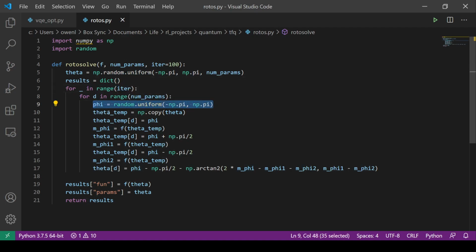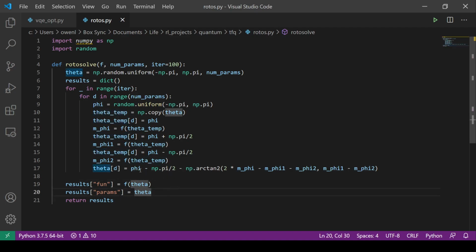I just do this to store temporary information. I guess this isn't entirely necessary. I just do it for clarity. Then we set it equal to phi, keeping all the other parameters constant. We get an estimation of the expectation value. We add pi over 2. We repeat that. We subtract pi over 2. We repeat the estimation.